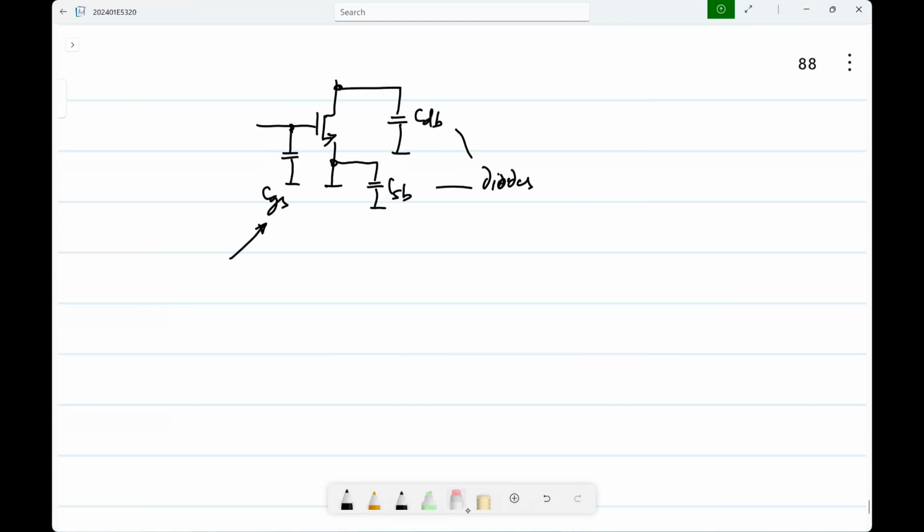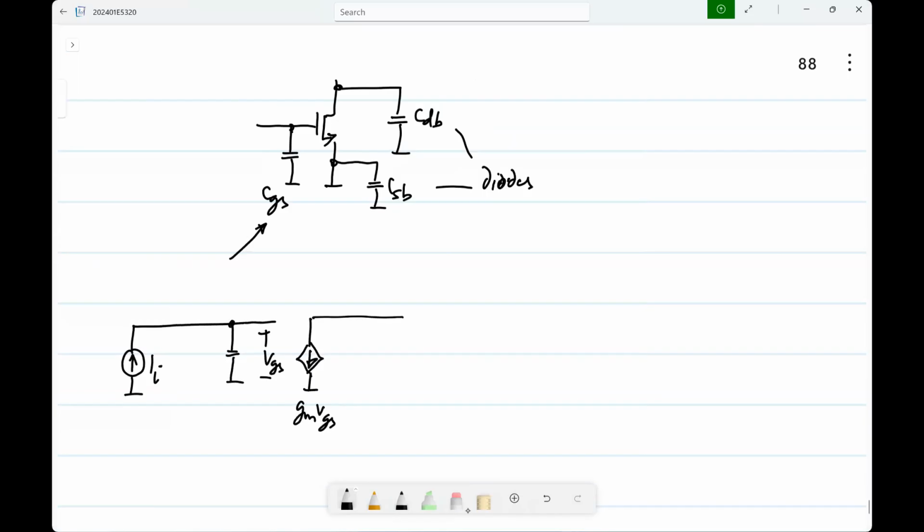Based on this, there is a particular figure of merit of the process that is defined. It's very similar to what I showed. You can think of it in two different ways. You can think of the current gain of a single transistor common source amplifier. I'll ignore everything else.